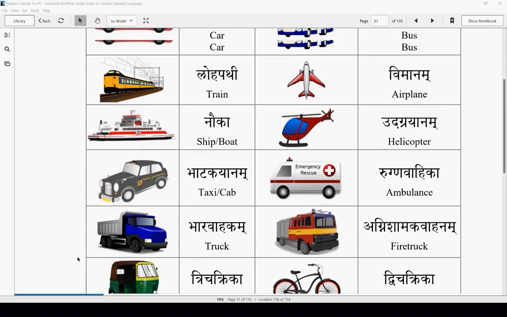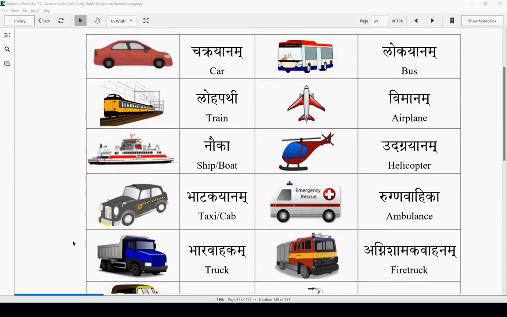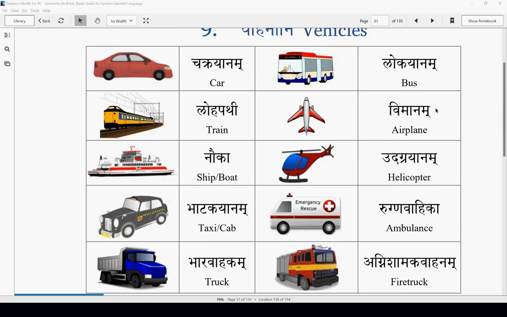Vimanam, this word is old, because in our Puranas and others we have Vimanam, but nowadays you can use it for this airplane. And I also heard a different word for airplane, Loha Vihangam. Okay.